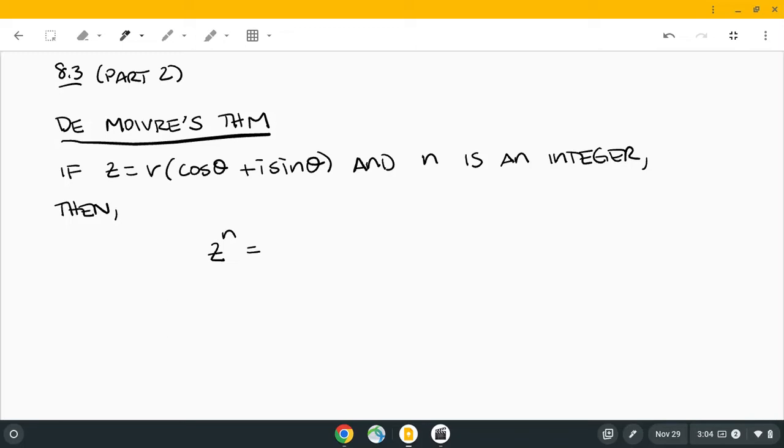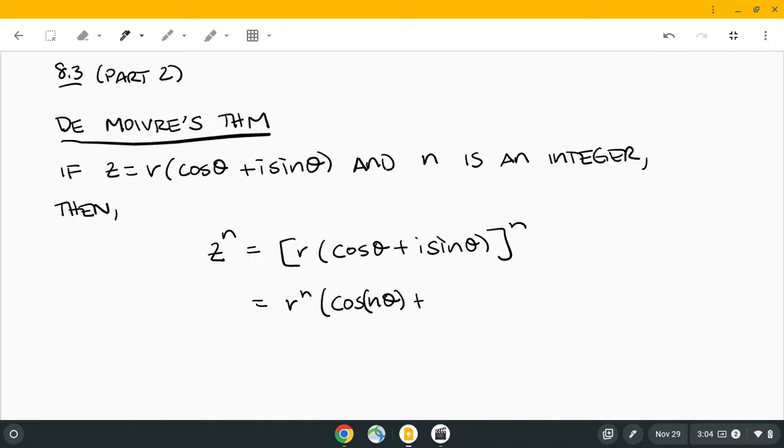So we would take this whole complex number written in trig form, cosine theta plus i sine theta, and we would raise the whole thing to n. What de Moivre's theorem says is that when you do this, all you have to do is do r to the nth, and then over here you will be doing cosine n theta plus i sine n theta, and that's it.